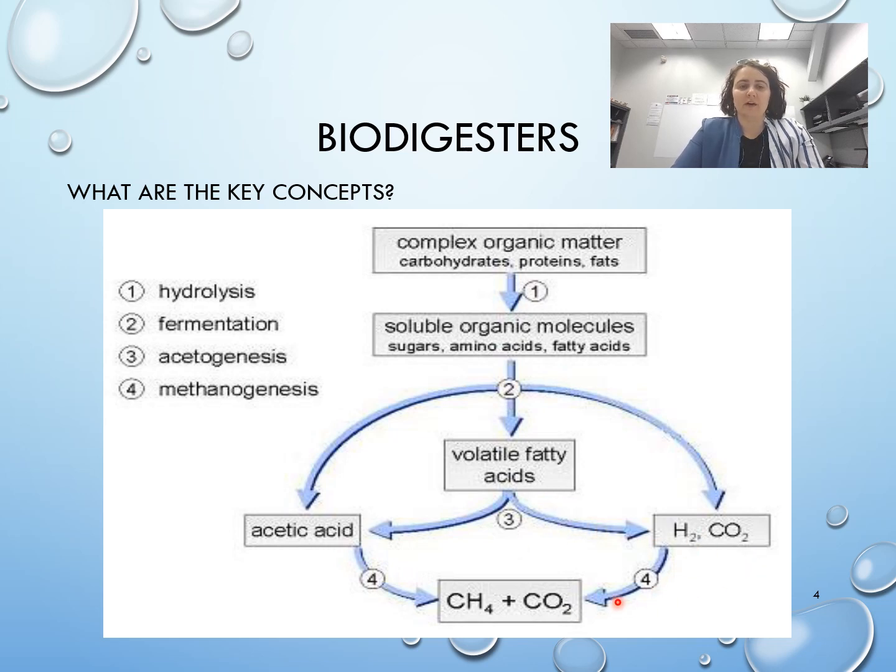And then we can go through a final phase of methanogenesis, which basically means the creation of methane gas. So what's happening in a digester is that we're going from these complex organic materials, things that are in feces and urine, carbohydrates, proteins, fats, and we're breaking them down through multiple biokinetic pathways to get to methane and CO2, and that's what your biogas is at the end of the day.